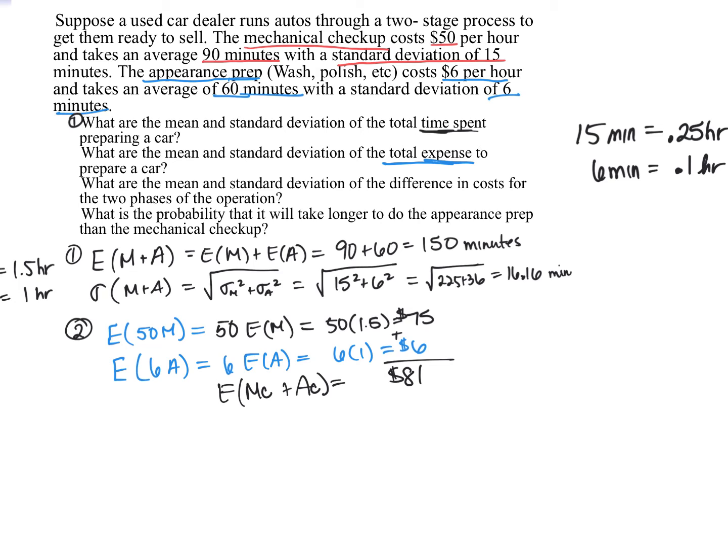So now my standard deviation for the mechanical cost is going to be $6 times 0.25. Is $1.5? No, wait, that's the wrong one. That's not mechanical. Mechanical is 50.